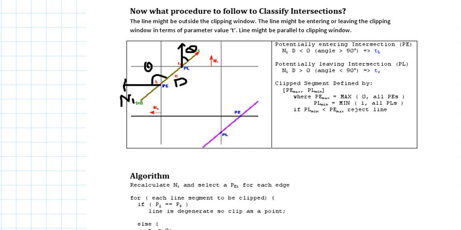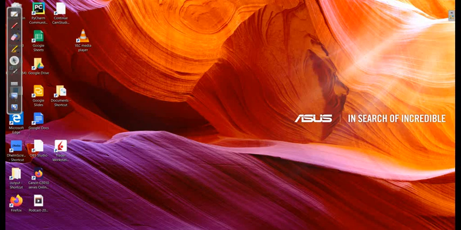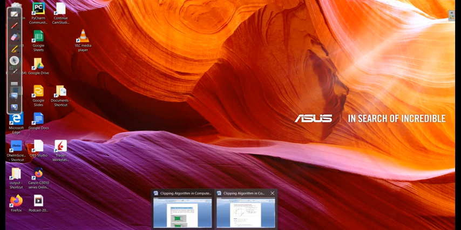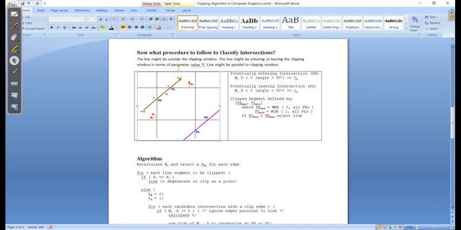Now come to the second case where the line is totally outside the clipping window. In that case, how can you find out that the line is outside the ambit of the clipping algorithm?